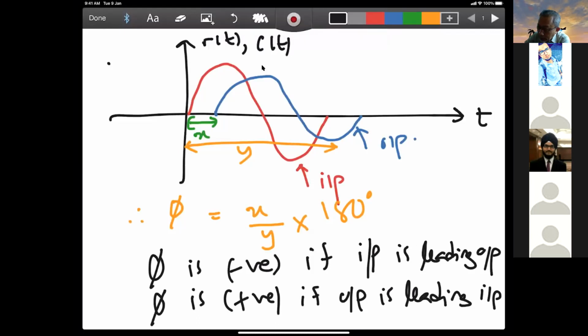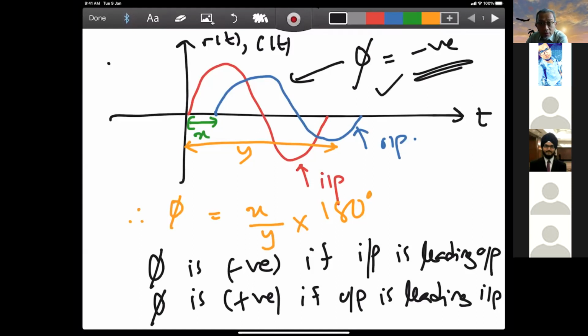In this case, is the phase difference positive or negative? Ho Zheng Han. I think here the input is leading, so it should be negative. Exactly correct. Thank you very much.